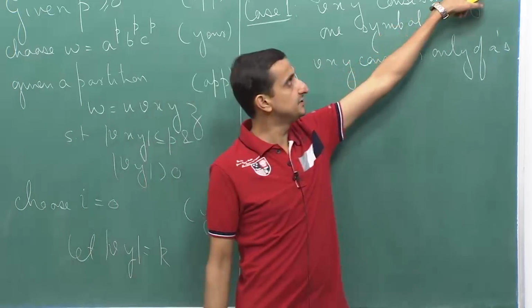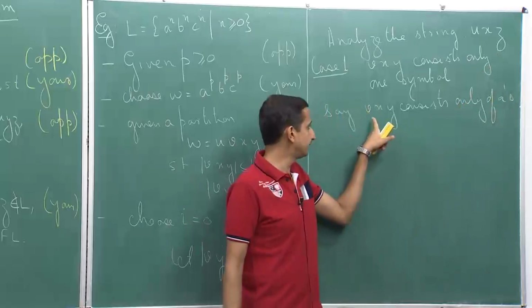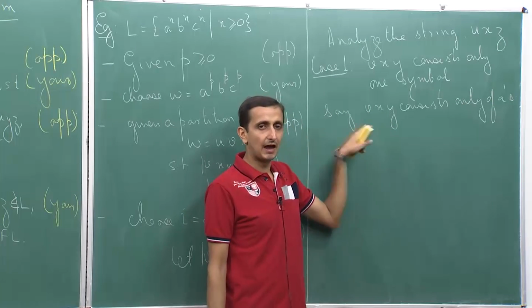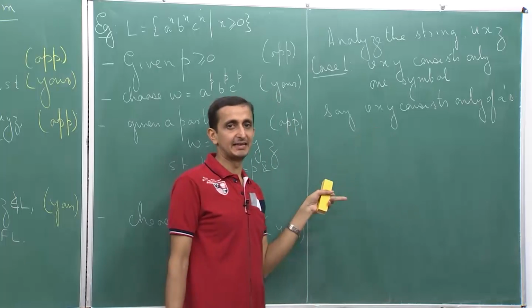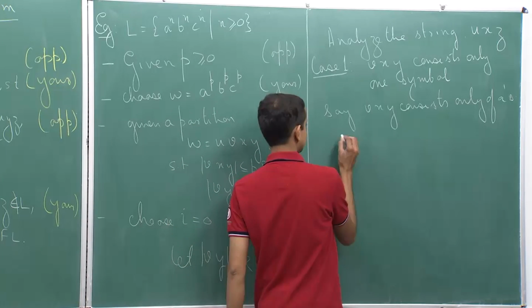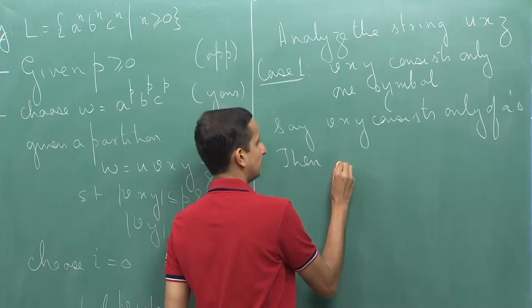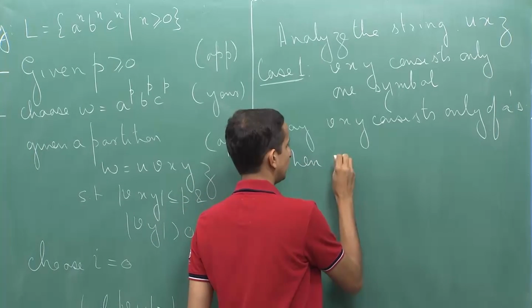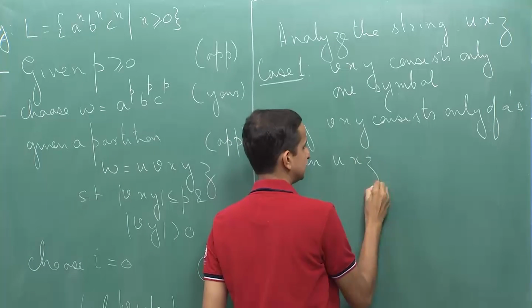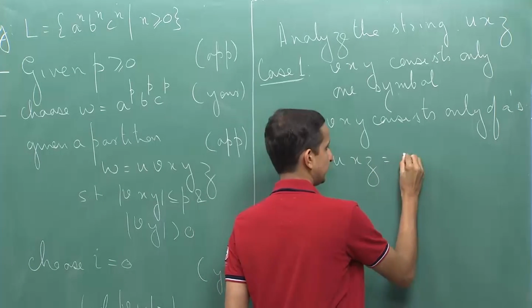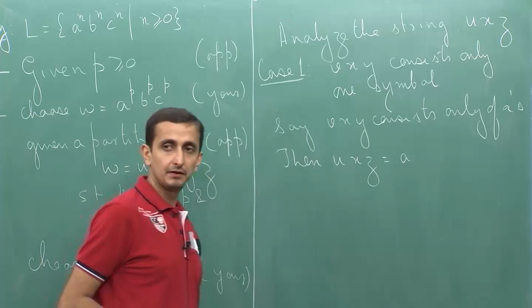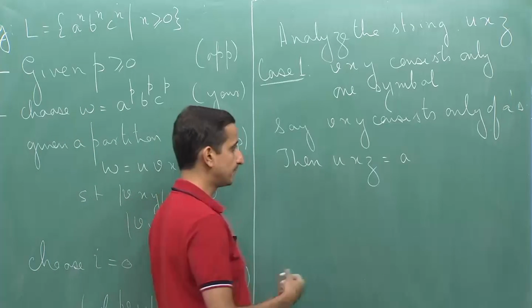In the string uxz, I do not have vy now, which means I do not have k many a's. So uxz, initially it had p number of a's, but now I have removed k.